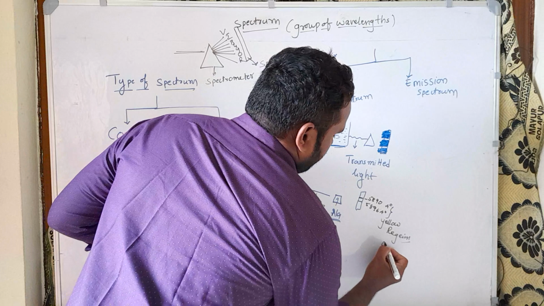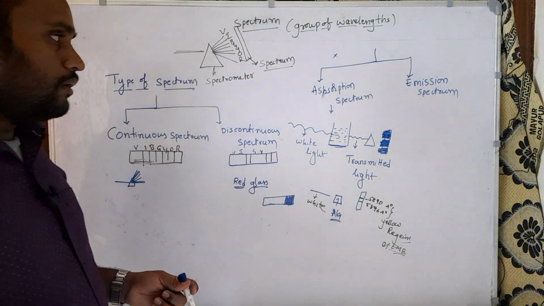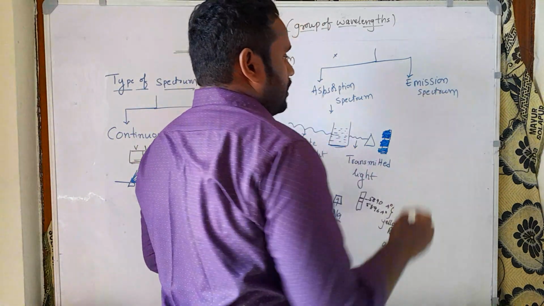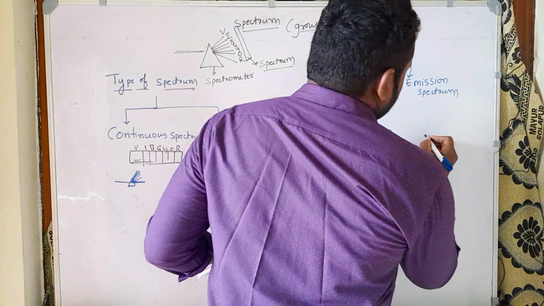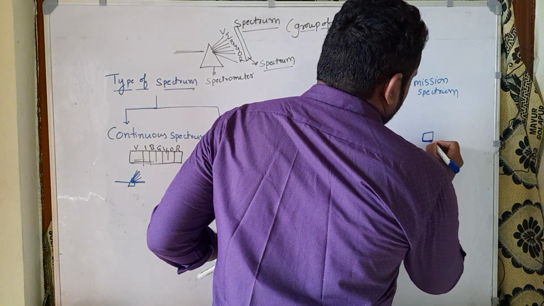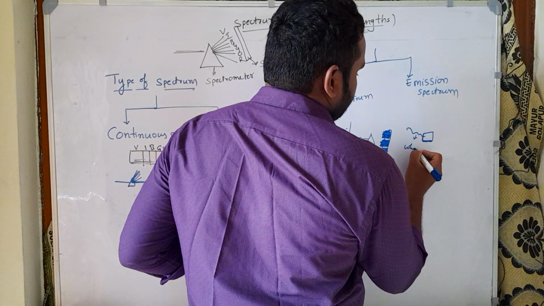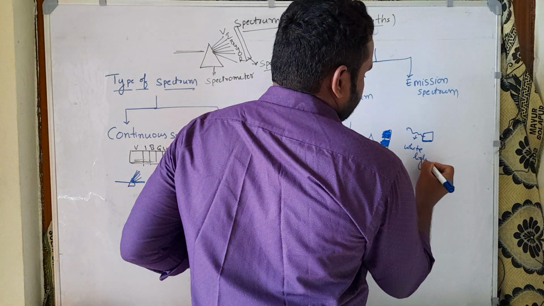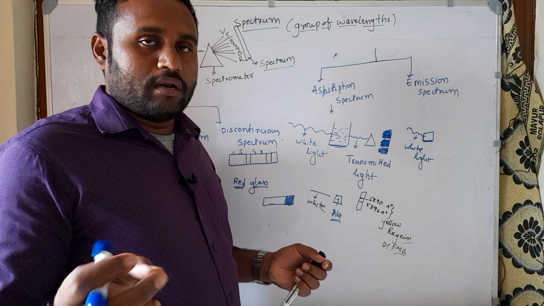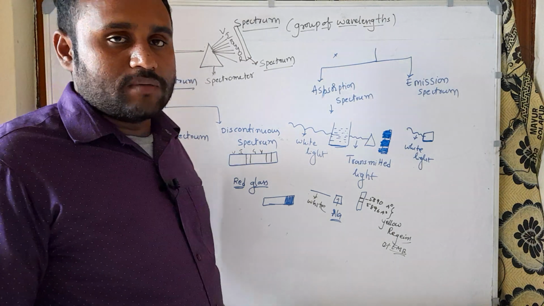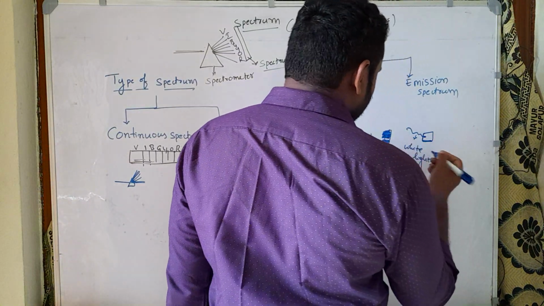This range falls in the yellow region of EMR, electromagnetic radiation. And coming to the emission spectrum, when you pass a white light, or any light or radiation, through a gaseous substance, the substance is going to absorb some radiation.